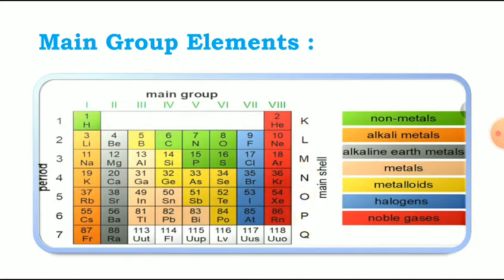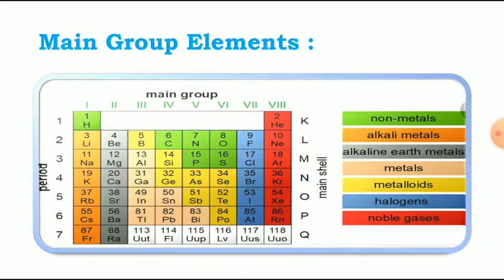For hydrogen and helium, the outermost electrons are available in the K shell, and for all elements from the second period, the outermost electrons are available in the L shell. That we are not going to learn in this semester.